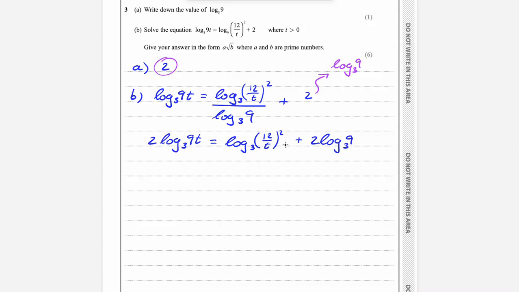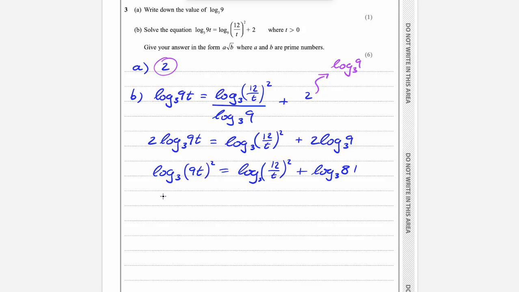Now everything is a log with base 3. Each term is a log with base 3. So in order to combine them, I need to get rid of these numbers at the front, and I can do that by raising the power. So it's 9t squared equals log 12 over t squared plus log 9 squared, which is 81, base 3.